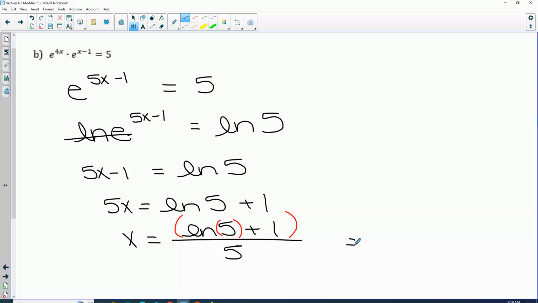Or you can use that fraction feature so that you can see that you have everything correctly placed. You should get 0.5219. So that was from yesterday.